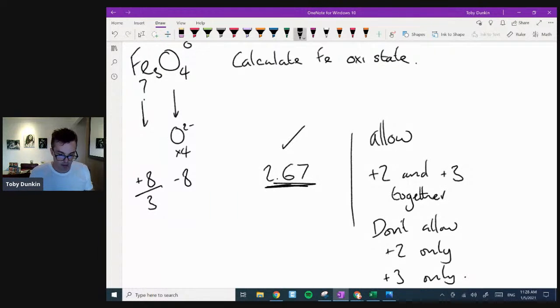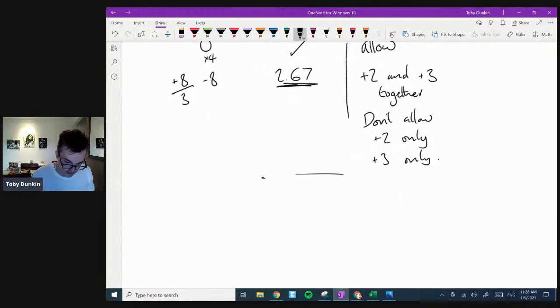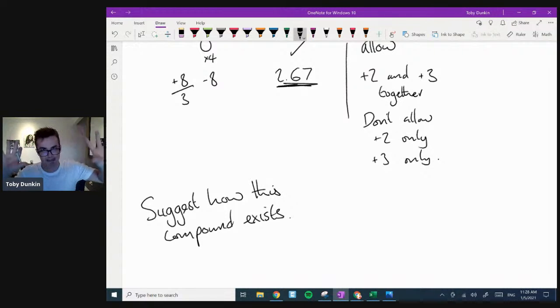The following question after that said, suggest how this compound exists. God, the kids hated this. As soon as you see the word suggest, everyone freaks out. We know this.